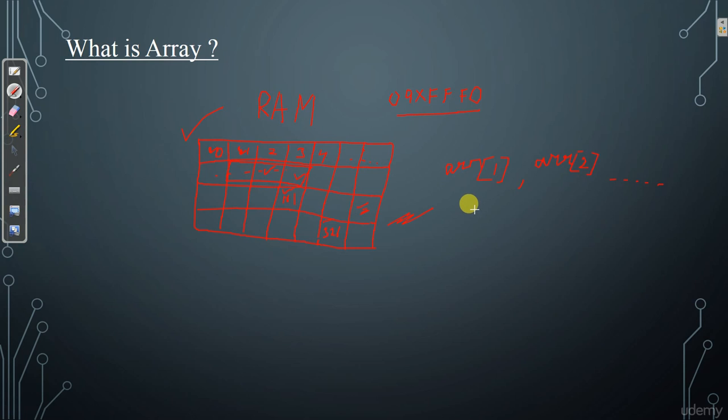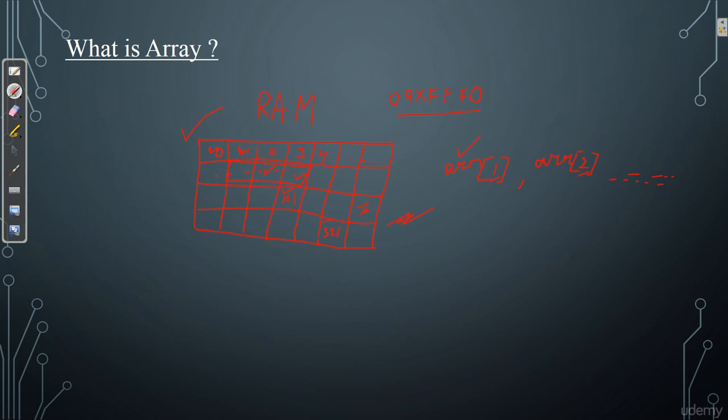So you see the advantage here, that we don't have to remember what are the variables that we have declared. We have just declared one array and within that we have multiple cells. It can be cells 1, 2, 3 and so on.